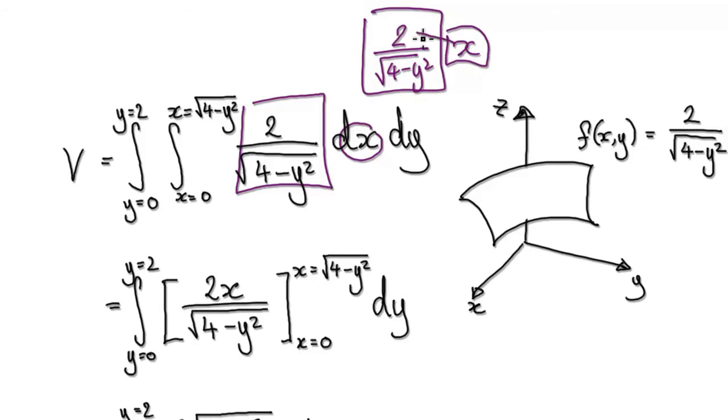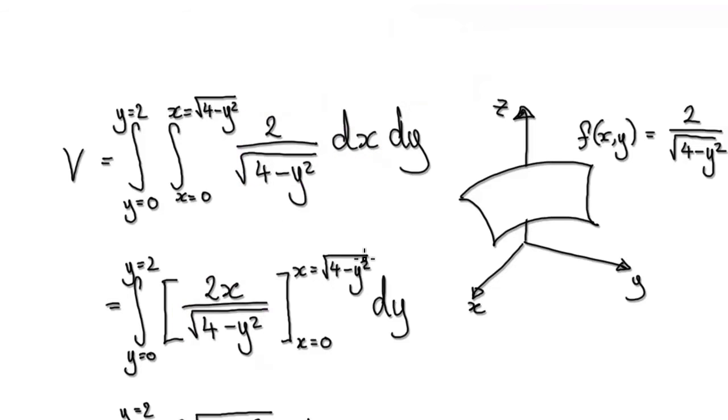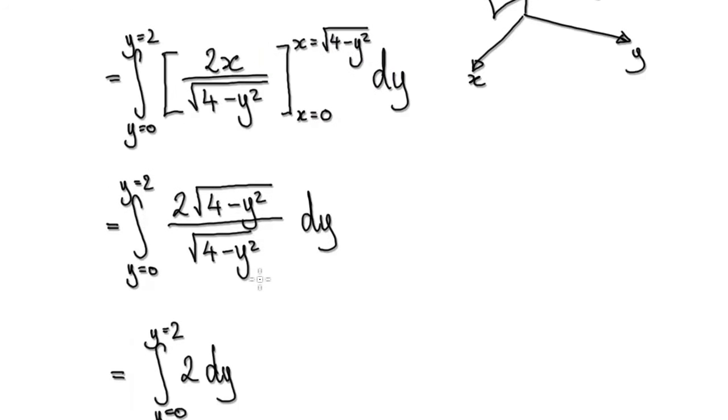But then this x gets multiplied to the top, giving you this. So now you can put this into the x, and then take away, put 0 into here. So that will then give you this thing here. But notice that this block here is exactly the same as this block, so they cancel each other out, giving you 2.